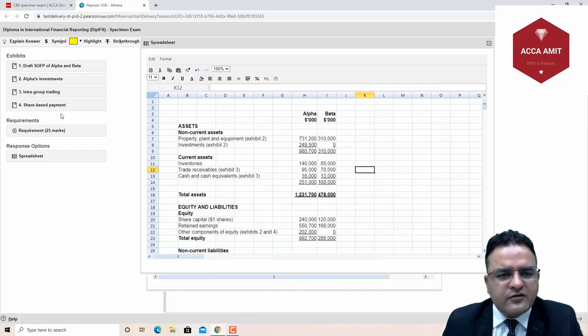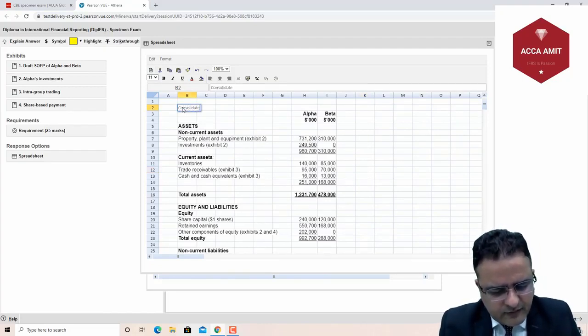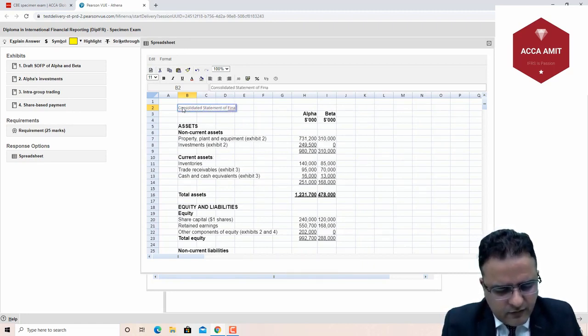Now when we are preparing consolidated financial statements, what do we need to do? We simply need to replace the individual financial statements with the consolidated statement of financial position as on 30th September 20x7.